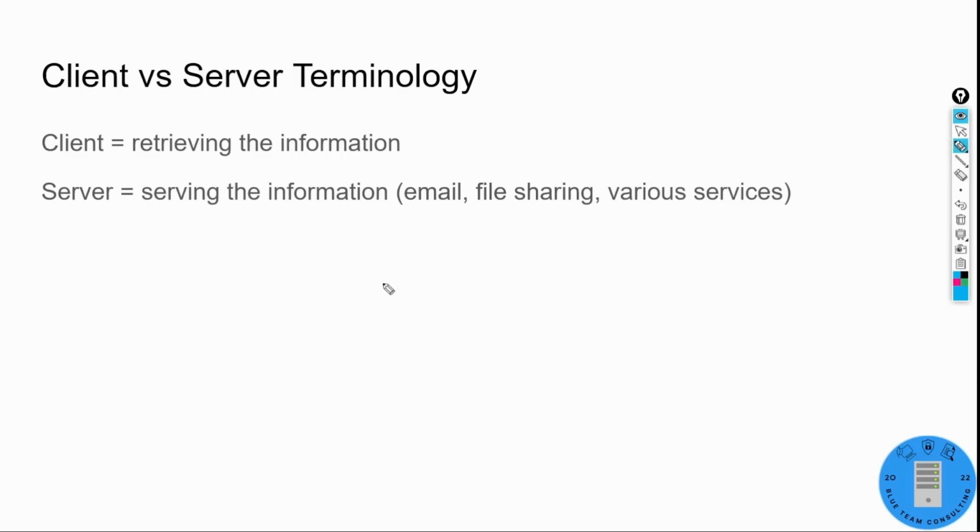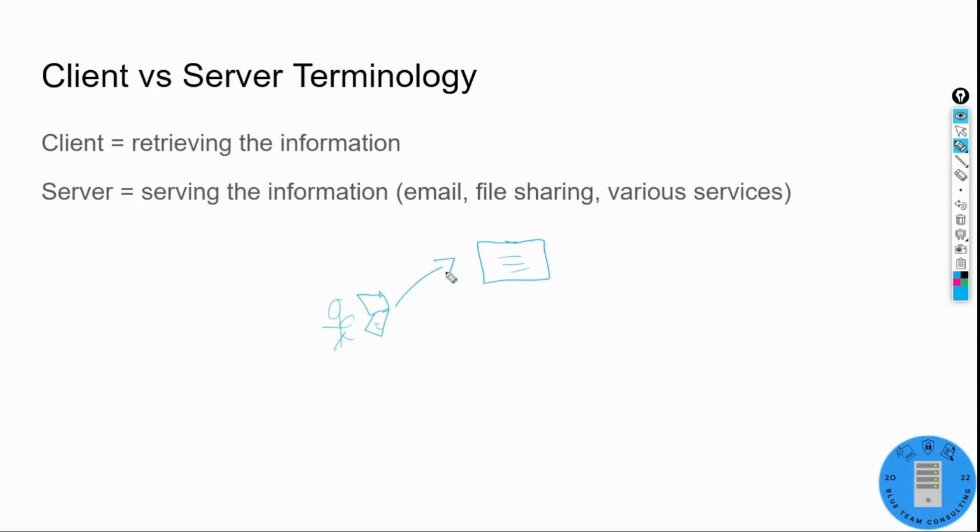Moving into client versus server terminology, a client is something that's retrieving the information, and a server, as its name suggests, is going to be serving the information. So if we're over here operating on our laptop and we want to access a website hosted on a web server, we are going to be operating as the client.